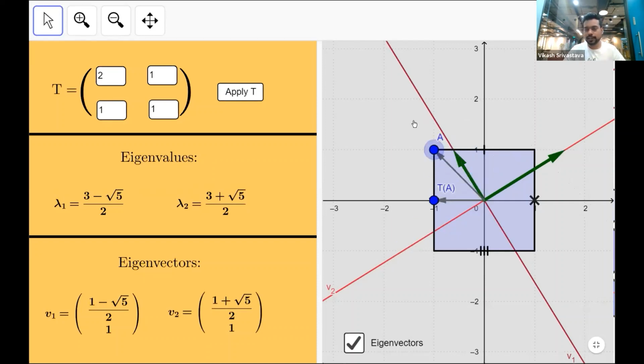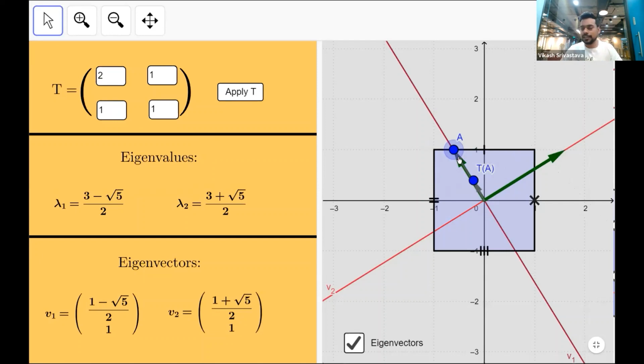So if you think about this vector A, if we apply this transformation on it, my transformed vector is now lying along the negative x axis. But if I place this vector here along the green line, you can see that the transformed vector is this one, but now it is getting squeezed. This is just a scaled version.